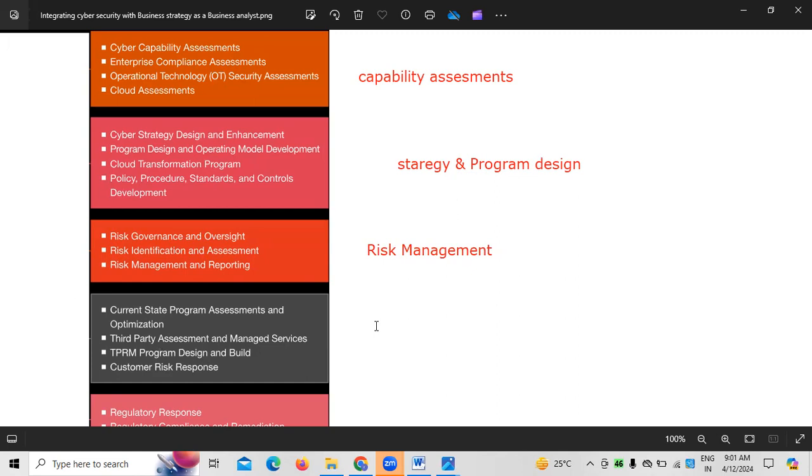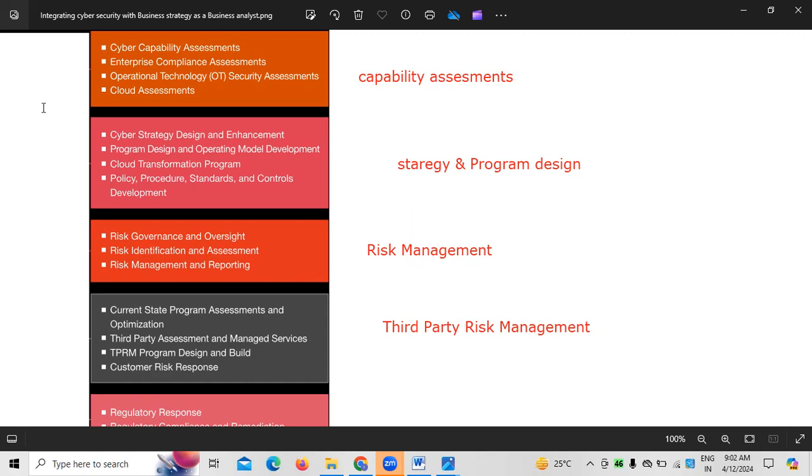Third party risk management is something we are focusing on. Followed by third party risk management, the next is regulatory response and compliance.